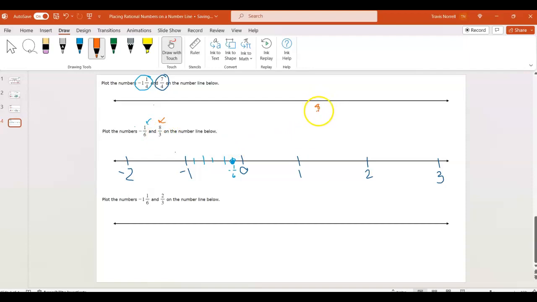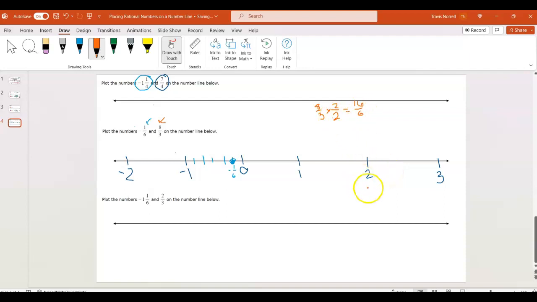Take 8 over 3 and think about, what would I have to multiply 3 by in order to get 6? Well, 3 times 2 is 6. So if I were to multiply 8 times 2, that would give me 16. So that's going to be 16 sixths.